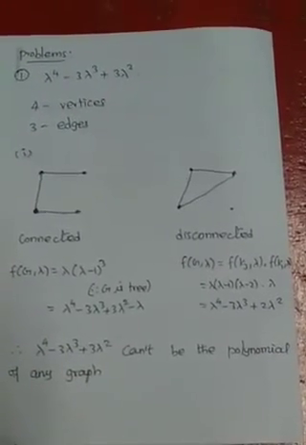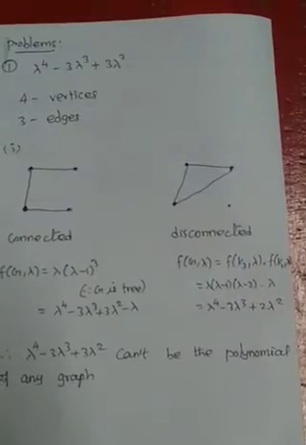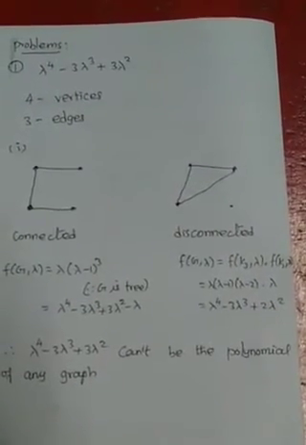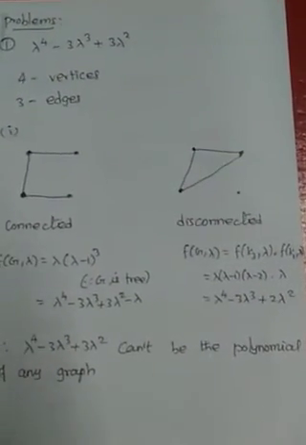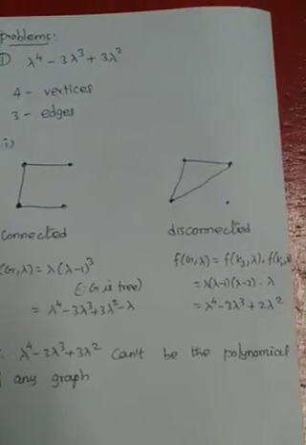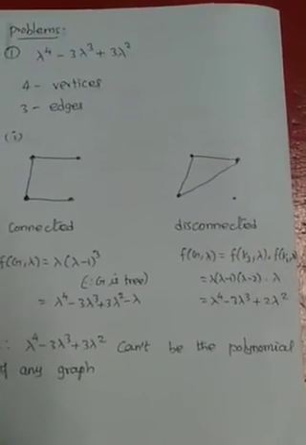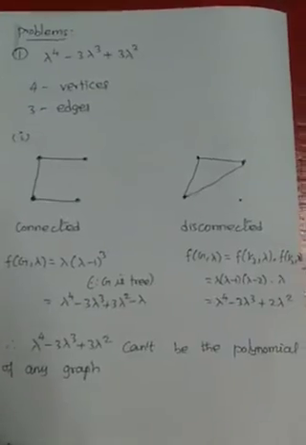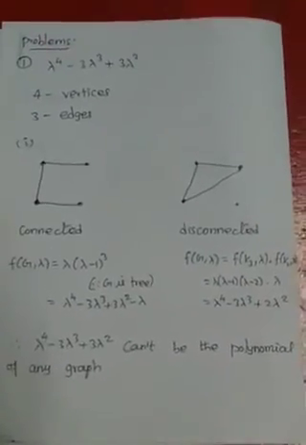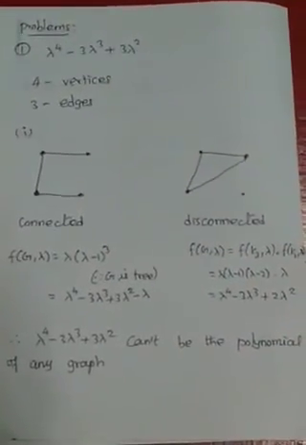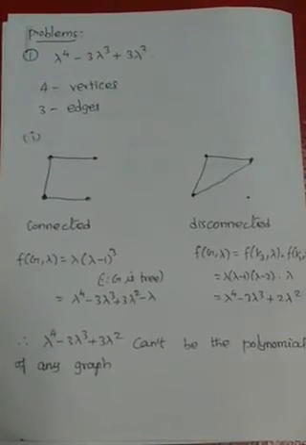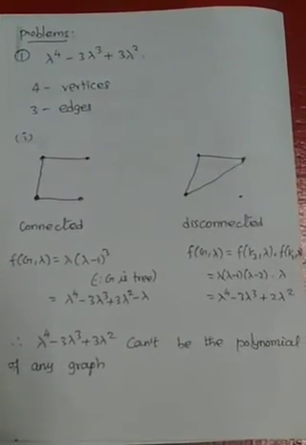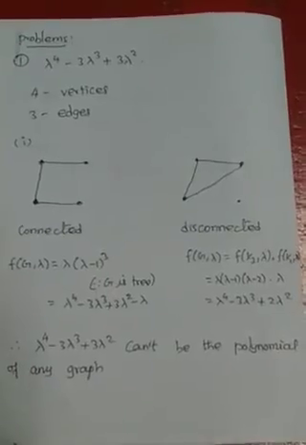Now expanding and multiplying, we finally get lambda power 4 minus 3 lambda cube plus 2 lambda square, which is also not equal to the given polynomial. So the given polynomial, lambda power 4 minus 3 lambda cube plus 3 lambda square, cannot be the chromatic polynomial of any graph.